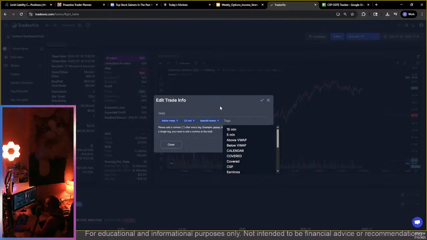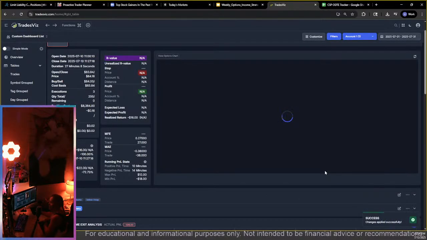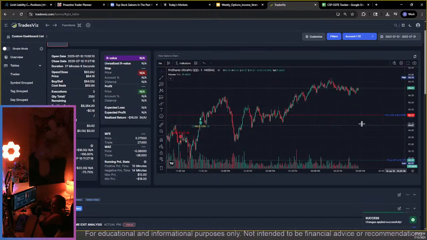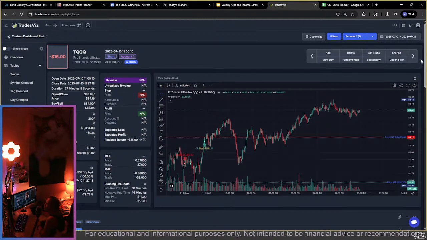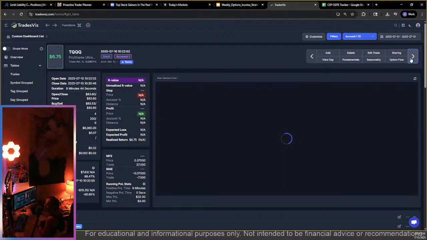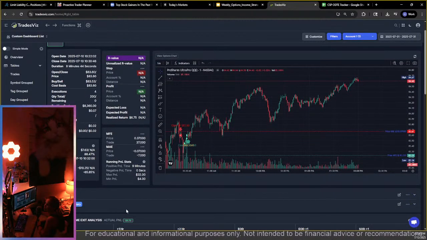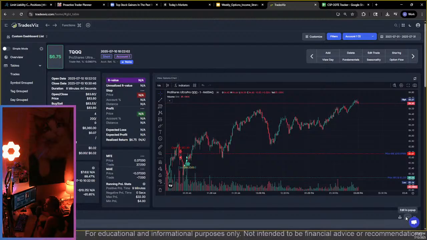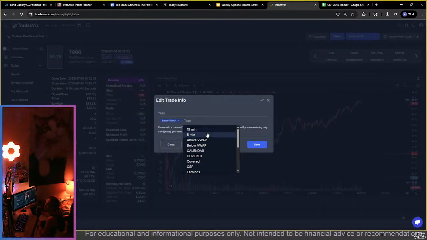Oh, look at that. Let's go. This must have been the first part of the trade. Yeah. VWAP. I don't know what the RVOL was, but this is the same trade, I think.